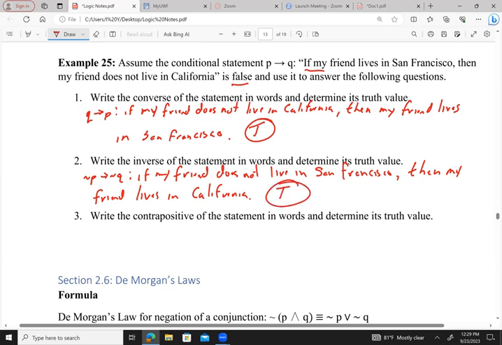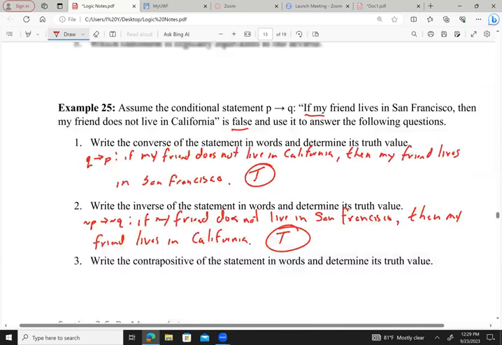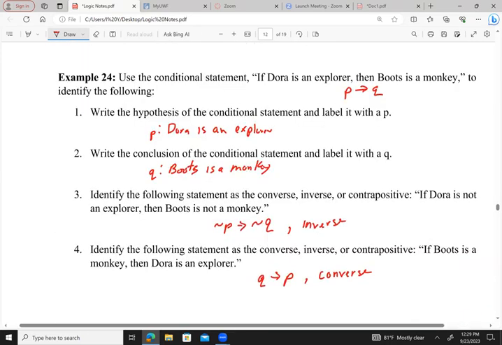And next is the contrapositive, which is, again, let's look.